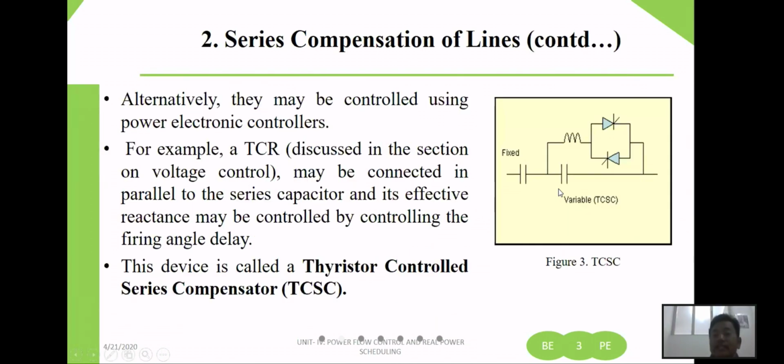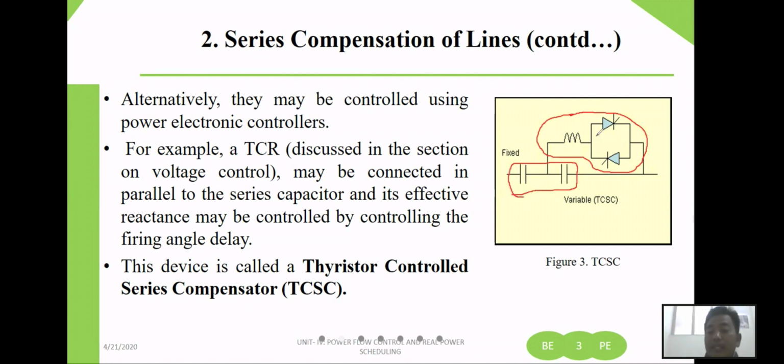And then another way is by using a power electronics device; we can also control the power flow. This one we have learned in the earlier lecture. This is a TCR, thyristor controlled reactor. If you connect this thyristor controlled reactor in parallel to the series capacitor, so there will be a number of capacitors, one fixed and another one.